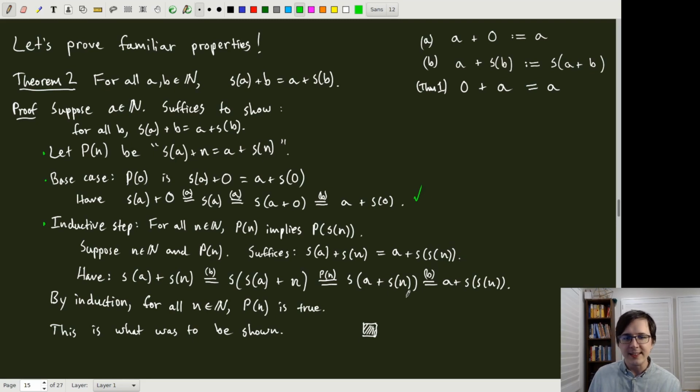Again, we can do this equationally. We start with the left-hand side of what we want to show, and then we take definition b and take that successor on the second argument and pull it out.